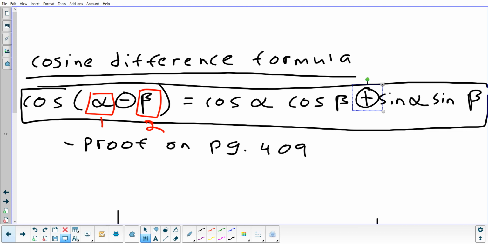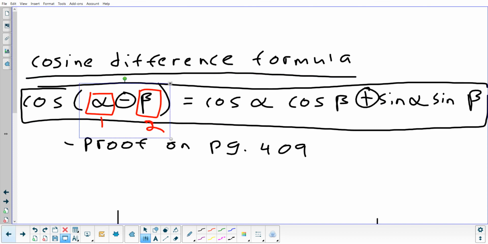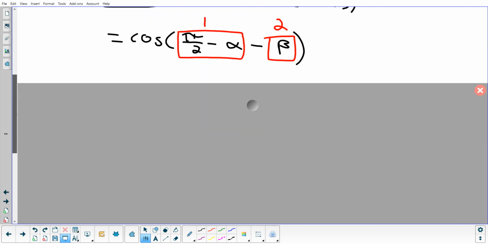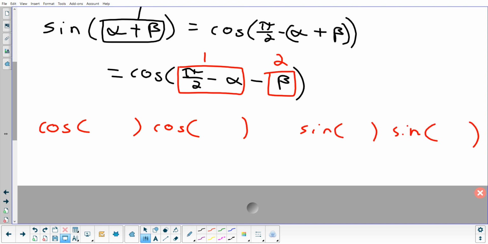So now, use your cosine of a difference formula. Everywhere you see box 1, fill in what we have for box 1. Everywhere you see box 2, fill in what we have for box 2. And see what happens. All right, so we start out with cosine, cosine, sine, sine, and what goes in the middle when you have a cosine difference problem?